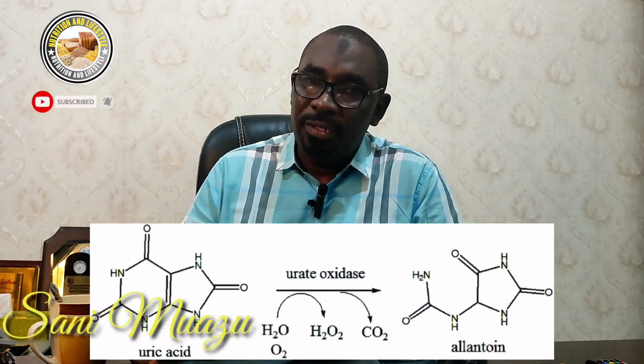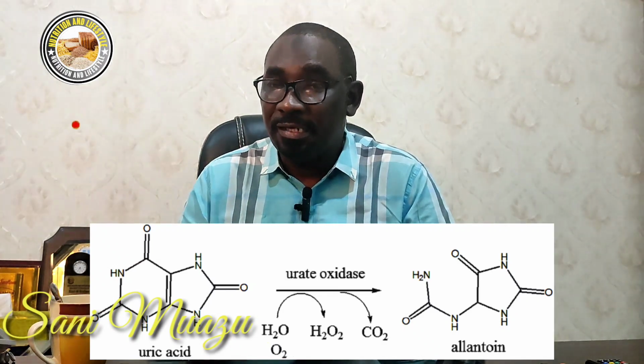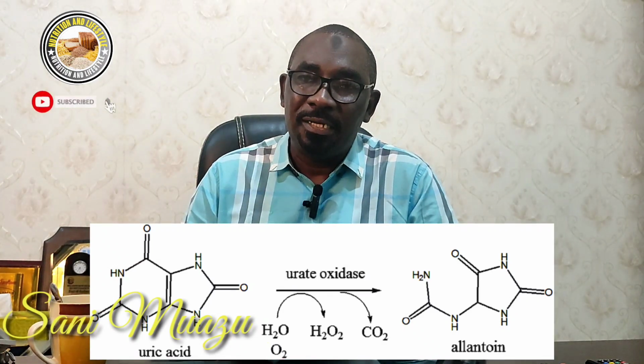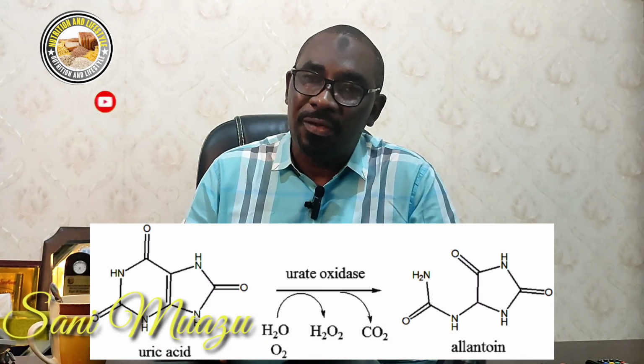This uric acid, or urate, is crystalline in nature, and also very spiky. If it is not converted to its soluble form, which is called allantoin, through the activity of an enzyme called uricase, or urate oxidase, the conversion will not happen if that enzyme is not available.